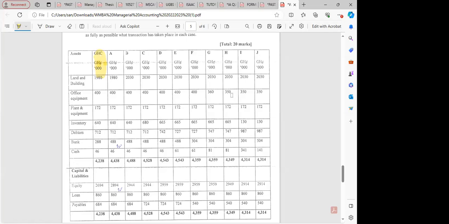So it cannot be a sale, right? All we saw was that office equipment has gone down and our equity has also gone down. So what might be the issue? What will happen for office equipment to decrease by 10?